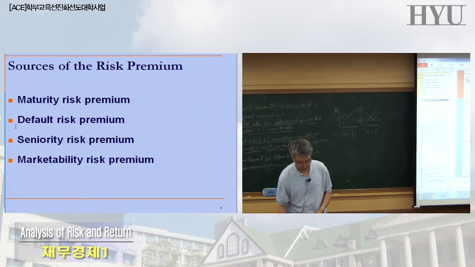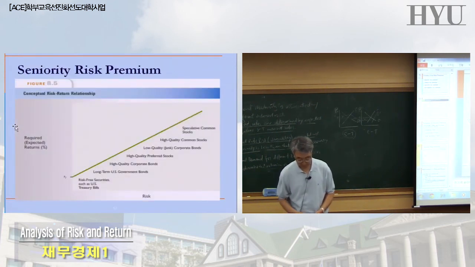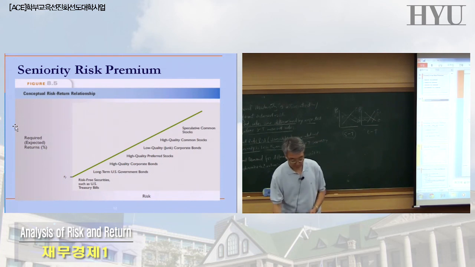Seniority risk. Okay, here is another graph. We're talking about seniority, different seniority across different securities. On the horizontal axis we have risk, and on the vertical axis expected return.